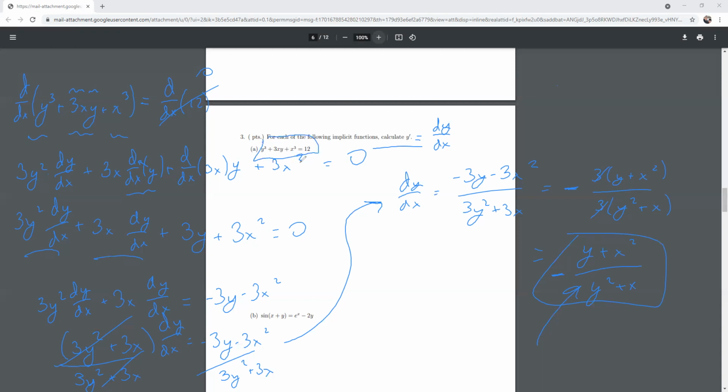So since it's really tough, I would say no, you don't need to. Similarly in this one, there's no way you can easily get y equals whatever, because that would be horrible. So I would say keeping the y's where they are is perfectly fine and an acceptable answer.